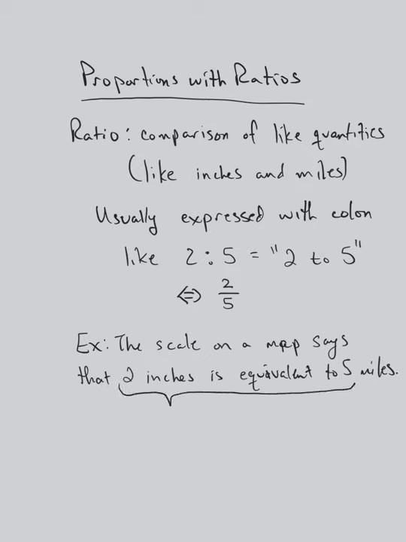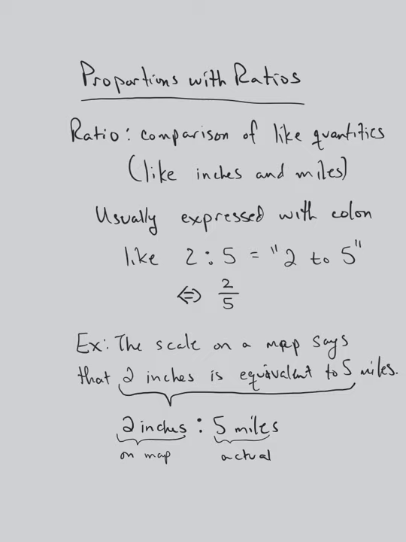Whenever we say two things are equivalent in terms of measurements, we're talking about a ratio: 2 inches to 5 miles. Now, you might want to be even a little bit more specific: 2 inches on the map is equivalent to 5 miles of actual distance.